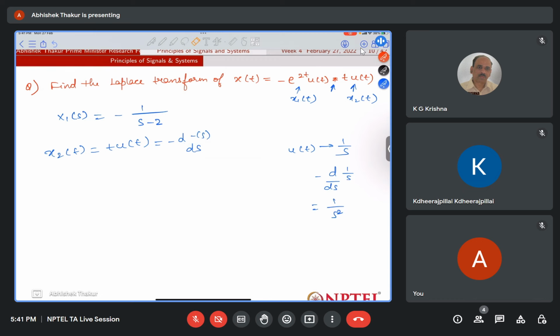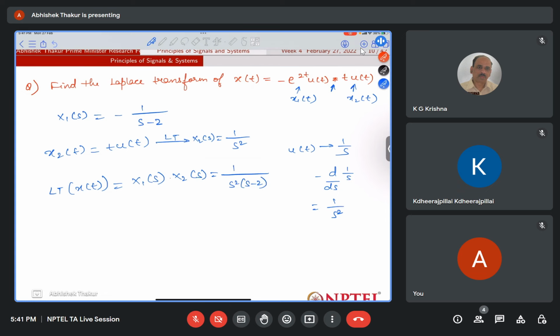So we will simply write here the Laplace transform of x2(t), that is X2(s), equal to 1 by s square. So now the Laplace transform of x(t) is equal to X1(s) into X2(s). So this will be minus 1 by s square into (s minus 2).